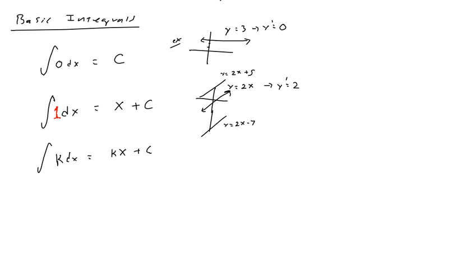All of those have a derivative of 2, because remember, this 2 is the slope. It's the slope of the line, the rise over run.